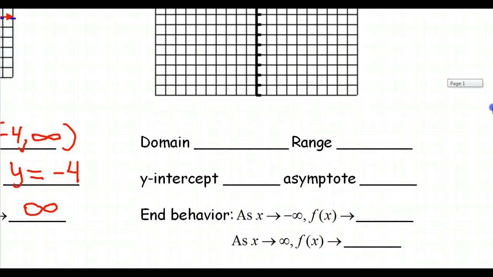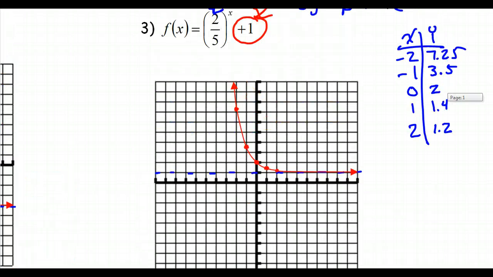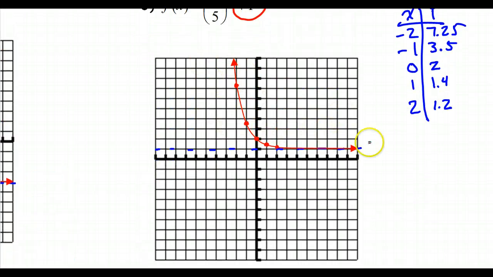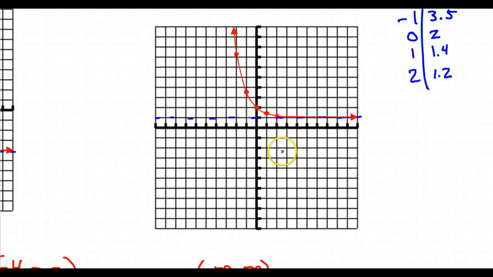Let's answer the questions. The domain. By now we've seen that the domain for all of these functions is going to be -infinity to +infinity. Exponential functions go to the left forever and to the right forever. That's why. Now the range is how low it goes and how high it goes. There is a floor. The floor is +1.